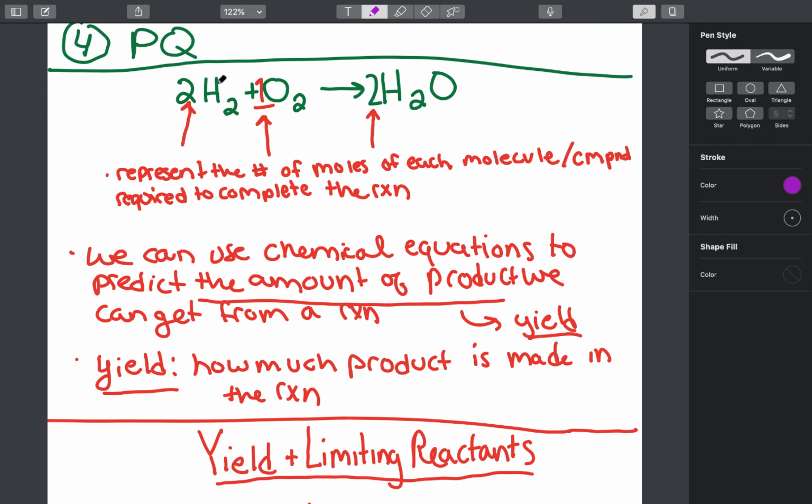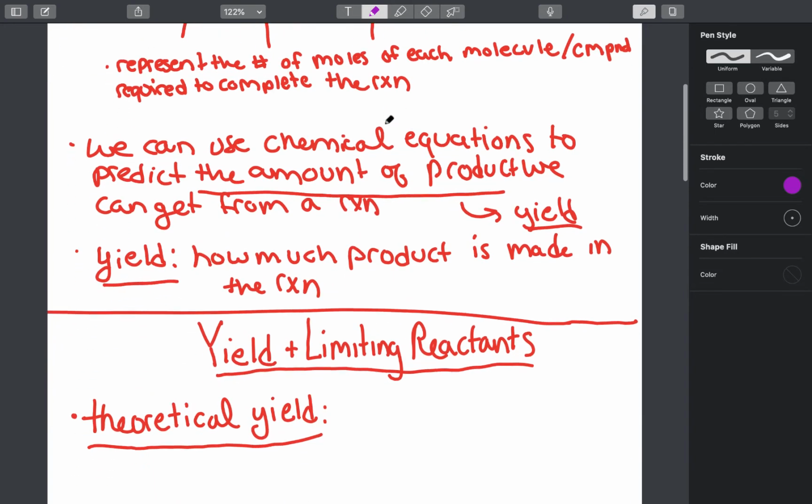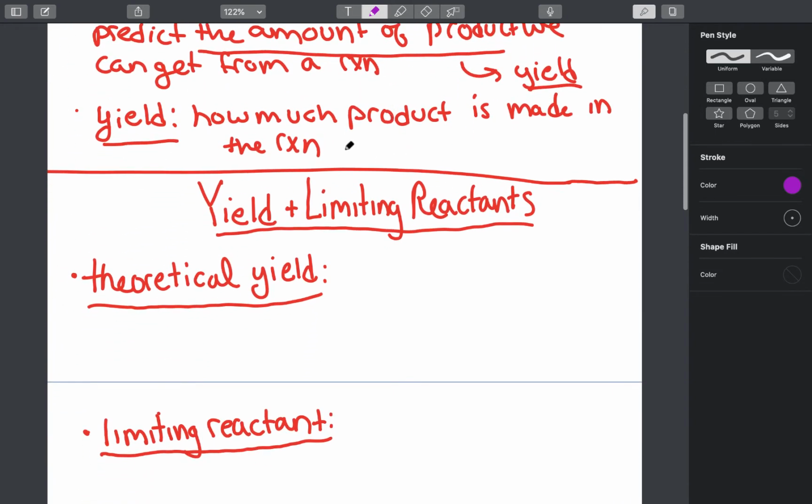So we can actually use the coefficients in the chemical equation to basically predict how the reactants are going to interact with each other and in what proportions in order to predict the amount of product made. So these chemical equations are very powerful, and that's what we're going to be doing today in our limiting reactant video.